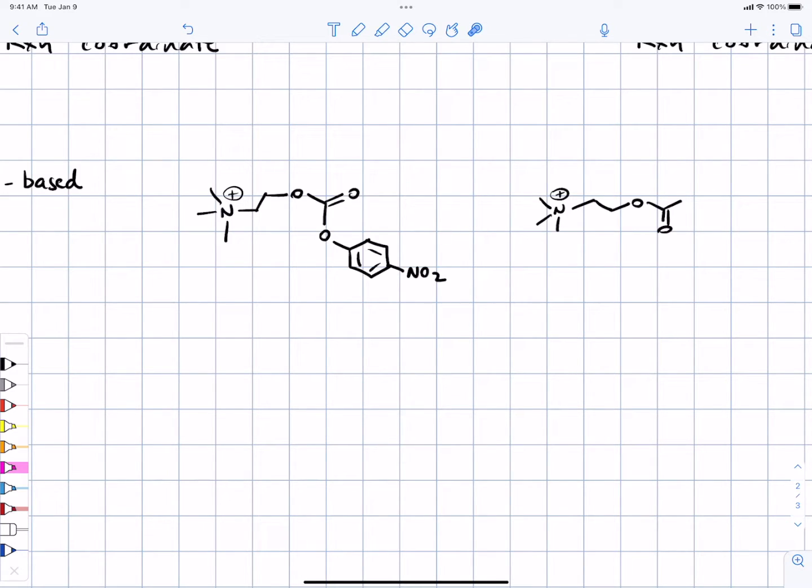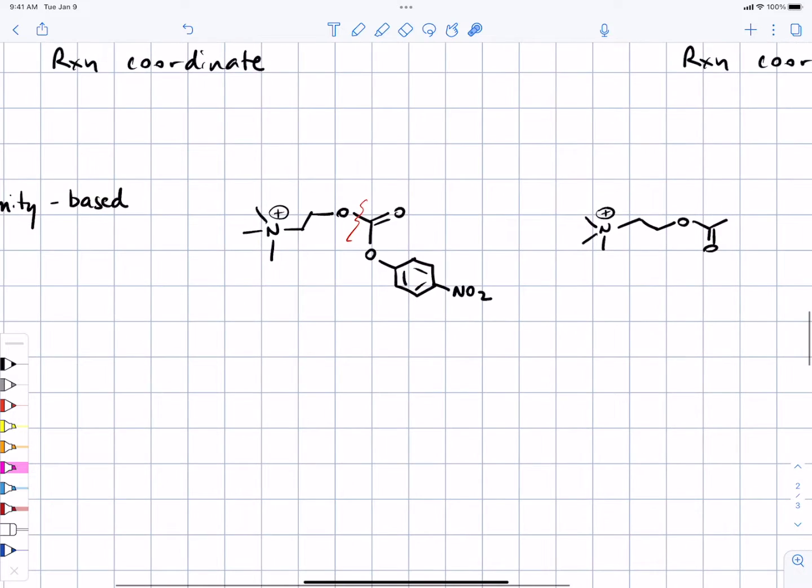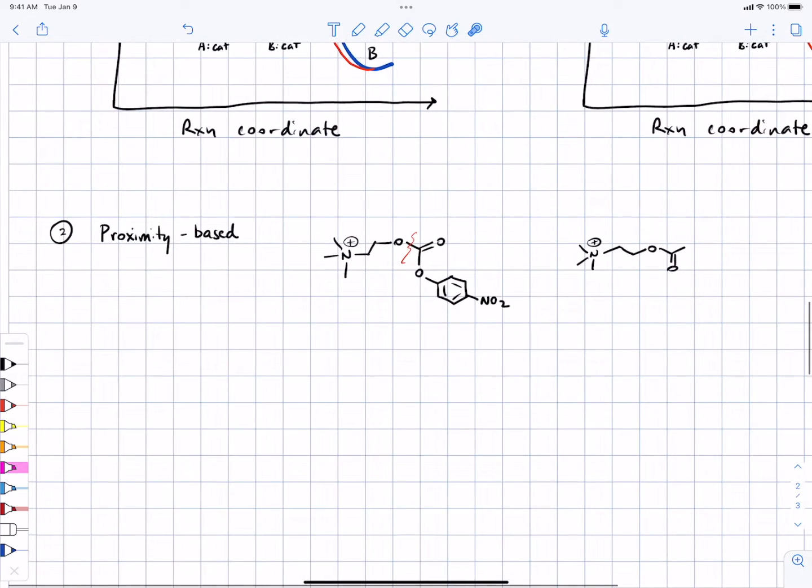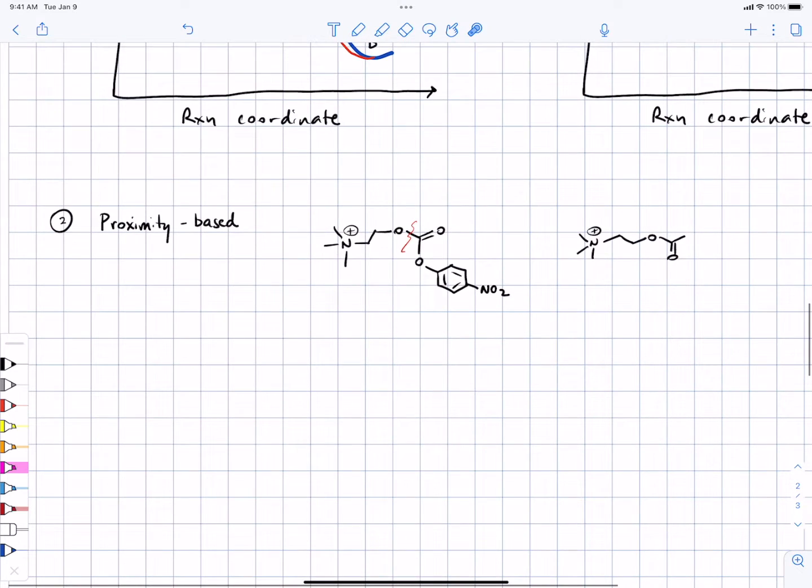Only here the difference is that when you hydrolyze this carbonate, you're going to lose CO2, and then you will liberate paranitrophenolate, which is colored, and you can watch this reaction happen via colorimetric assay.